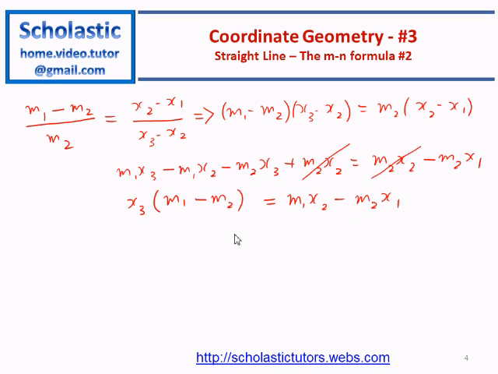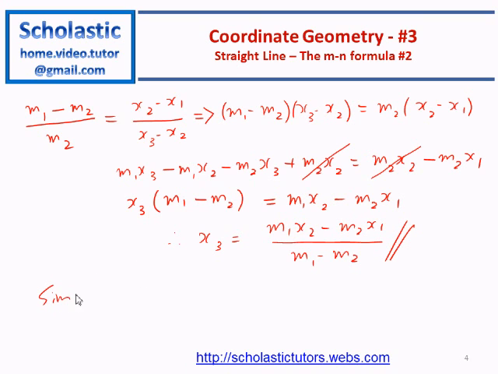Therefore x3 is equal to M1 x2 minus M2 x1 divided by M1 minus M2. That is the x coordinate of the point C.